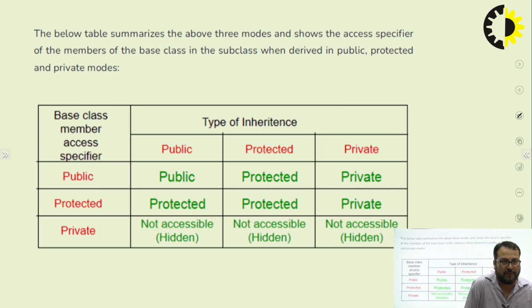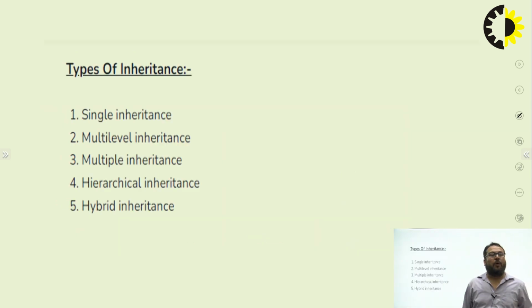Once they become private in the derived class, they can only be accessed by the member functions of the derived class, not by the object of the derived class. That's all.